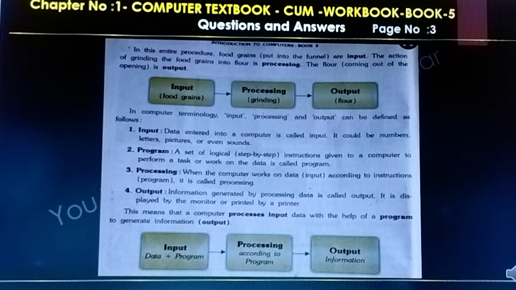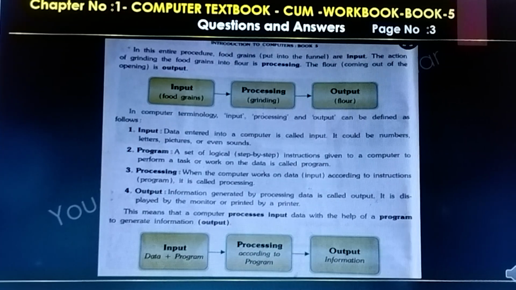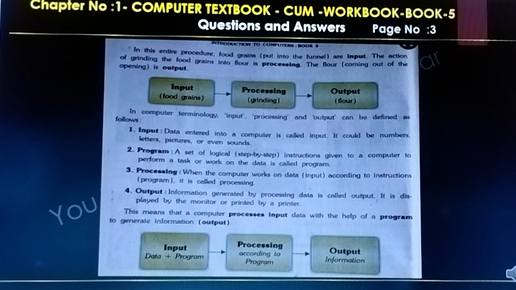Input, processing, output. In computer terminology, input, processing and output can be defined as follows. Input: data entered into a computer is called input. It could be numbers, letters, pictures or even sounds. Program: a set of logical step-by-step instructions given to a computer to perform a task or work on the data is called a program.